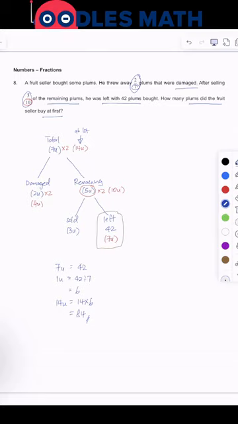Okay, take note. We have to draw the branch diagram correctly. And remember, we always seek to make the units the same so that we can compare them on the same level. Alright, so this is question number 8.